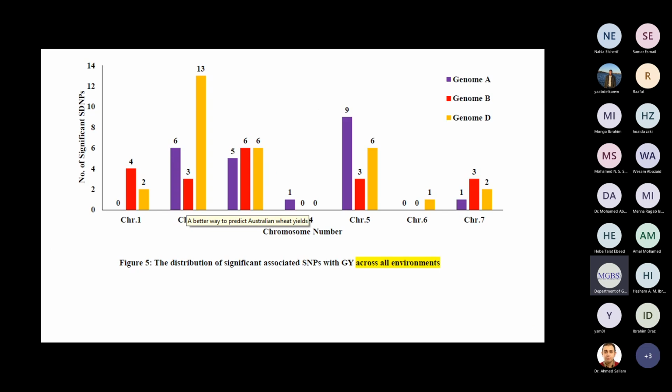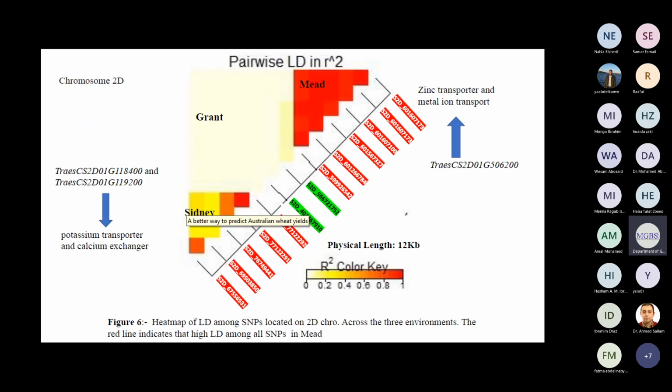Also, it was very interesting to know how many SNPs are located in each chromosome. We found in chromosome 2D, we have 13 significant SNPs, of course 13 significant SNPs across all locations. So we went further to linkage disequilibrium analysis to know if these 13 SNP markers are co-inherited together to the next generation, or there is no relation between these 13 significant SNPs.